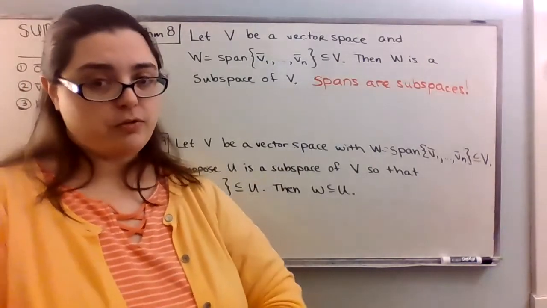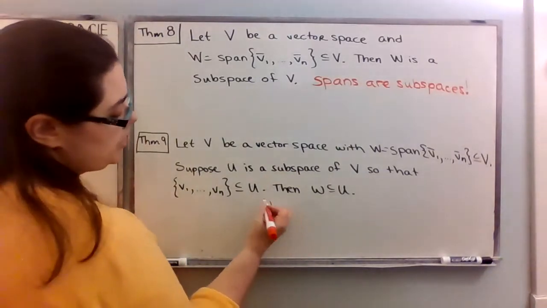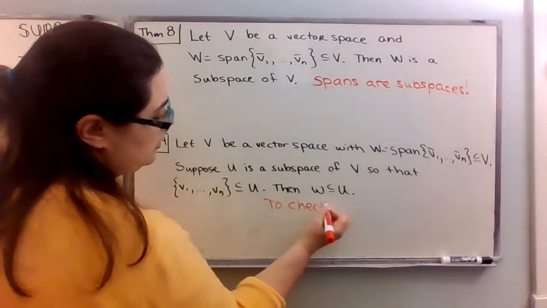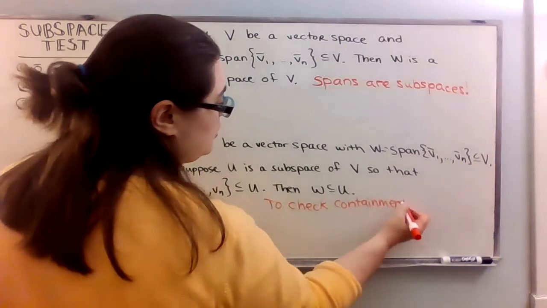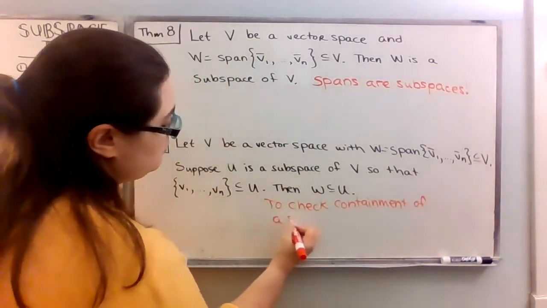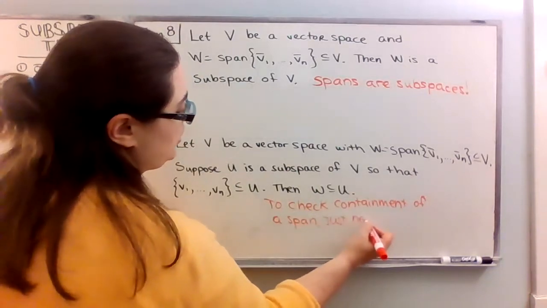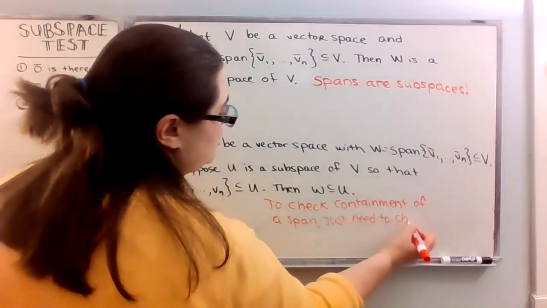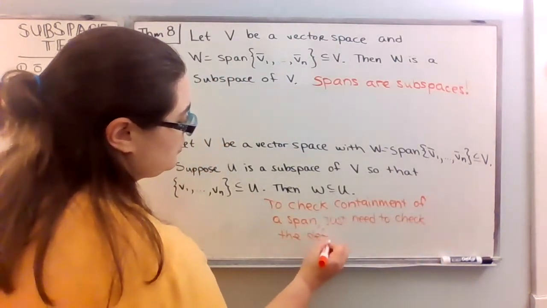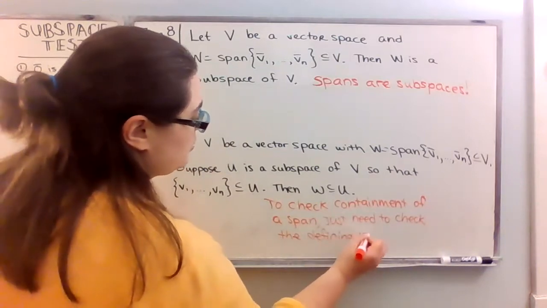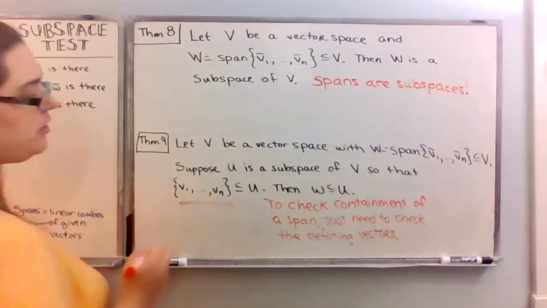However, what this means for us, our big takeaway from this theorem, is that to check containment of a span, you just need to check the defining vectors. That's what this piece here is saying.